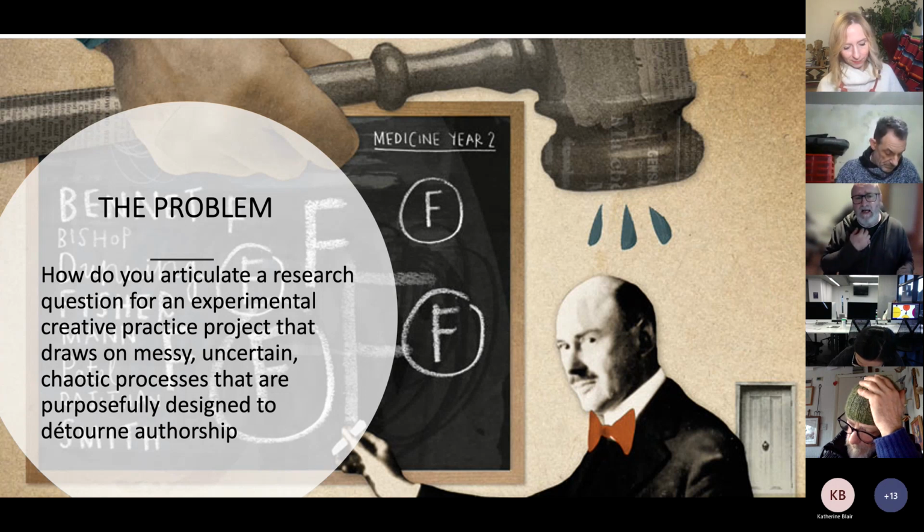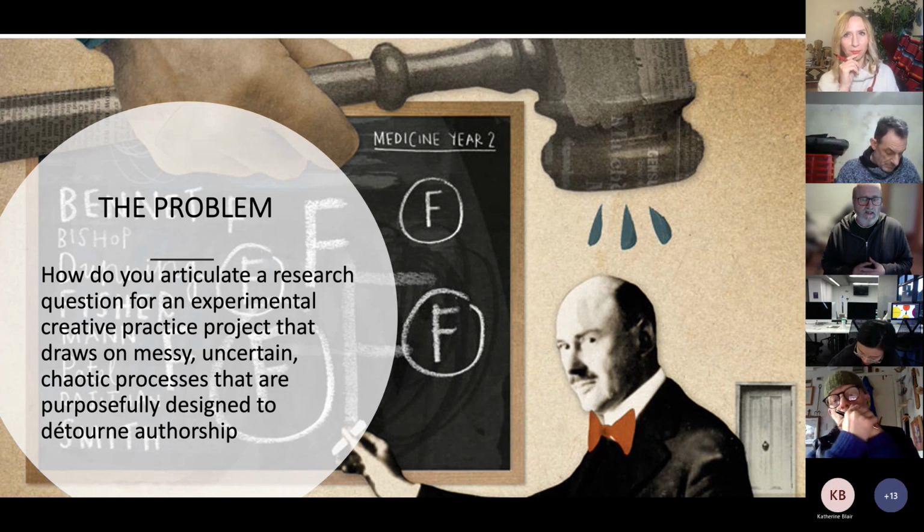So to a certain extent, as a creative practitioner, I'm quite happy not to have a research question, but at the same time, as an academic, I'm intrigued by the idea that the question might emerge from the practice. So how do you do the practice if you need to have the research question first?